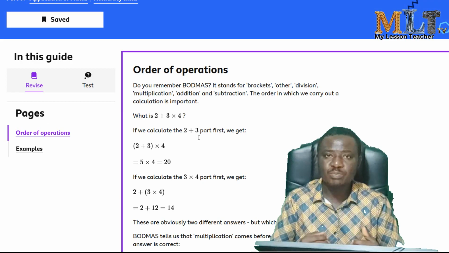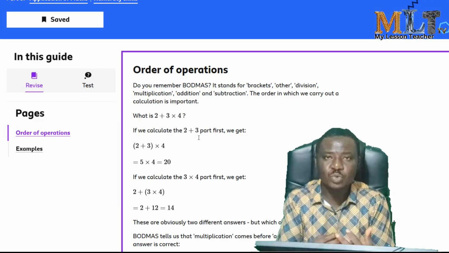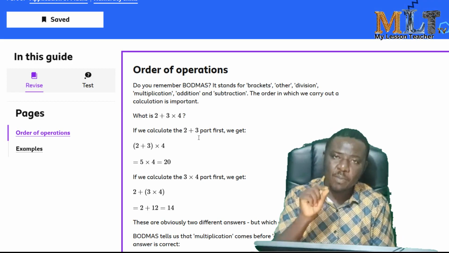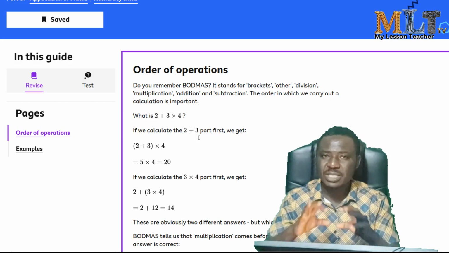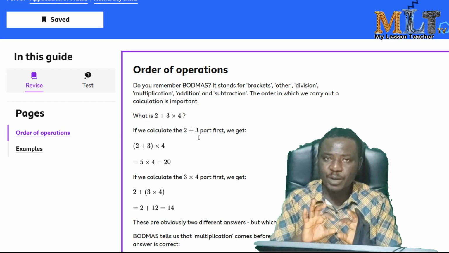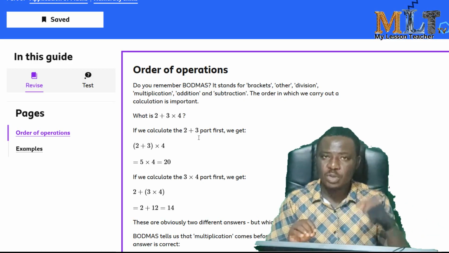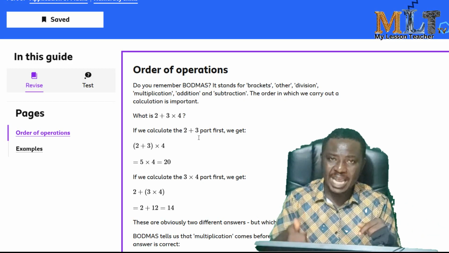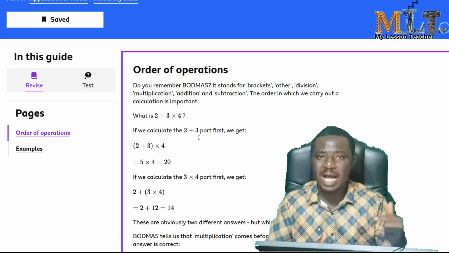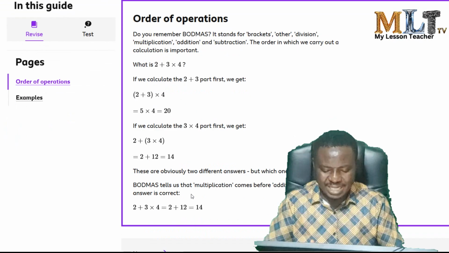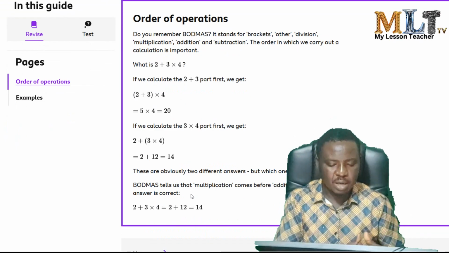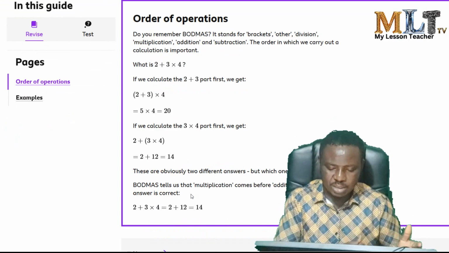You carry out the operations based on the order of operations which we have listed, meaning that multiplication must come before addition, because in the order of operations, as we spelled it out as BODMAS, multiplication, which is M, comes before addition, which is A. So these are obviously two different answers, but which one is correct?